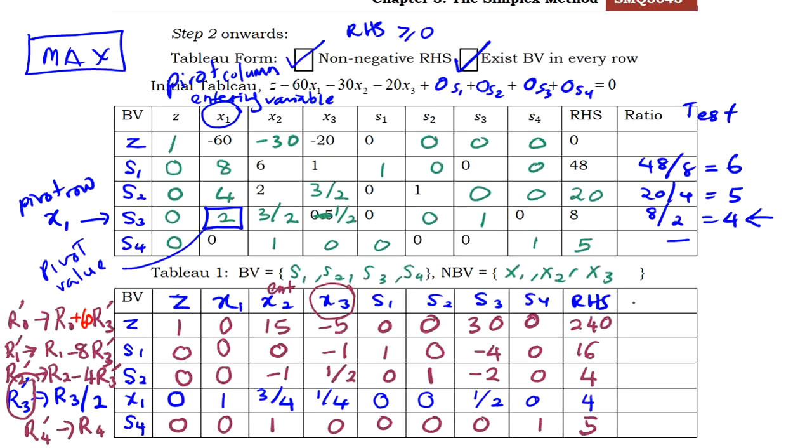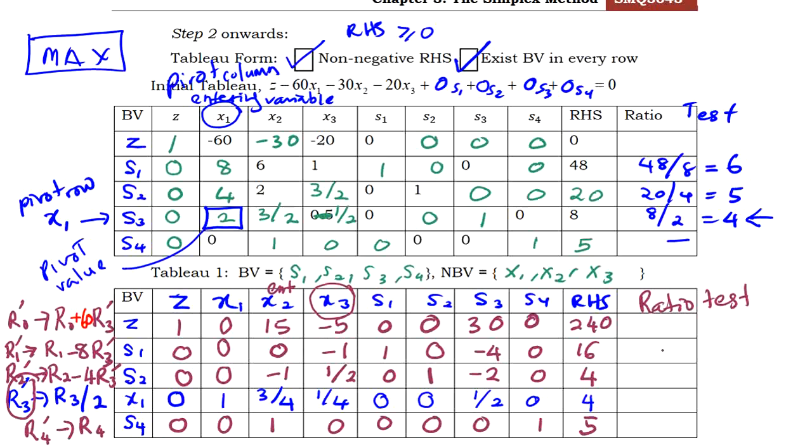So by using ratio test, we need to identify the leaving variable. Okay, so ratio test 16 over negative 1.